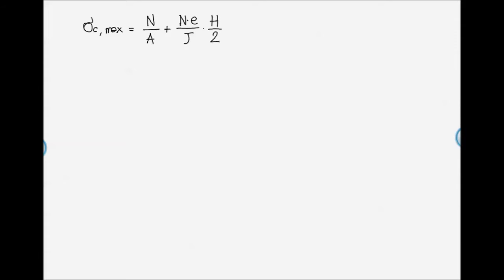Well, since the differences from the two cases of the calculation of the central core of inertia by considering the presence of the reinforcements or by neglecting it are small, we are now considering the presence of only the concrete. So we are considering A as the area of the concrete cross-section and J as the moment of inertia of the concrete cross-section.